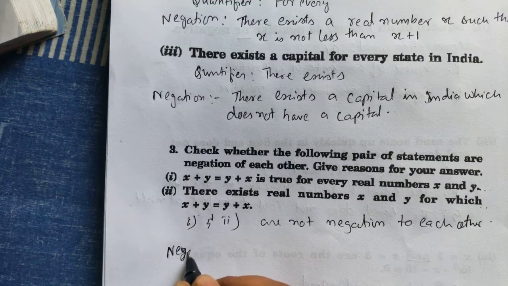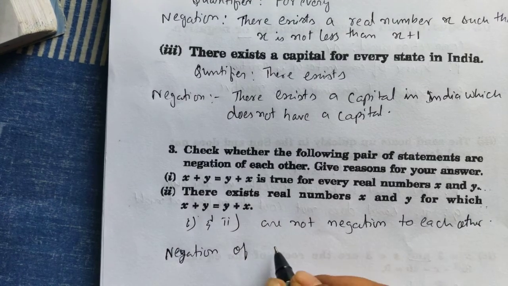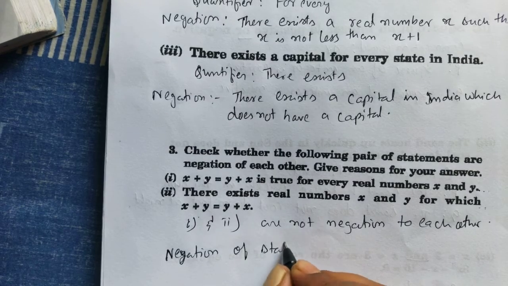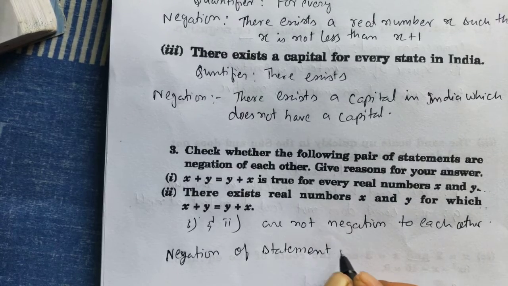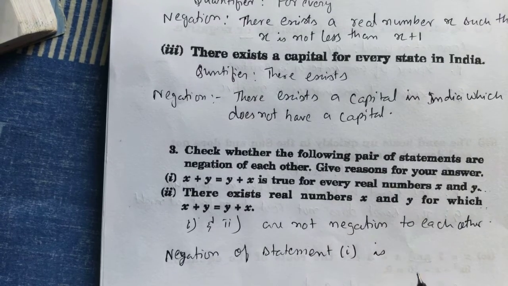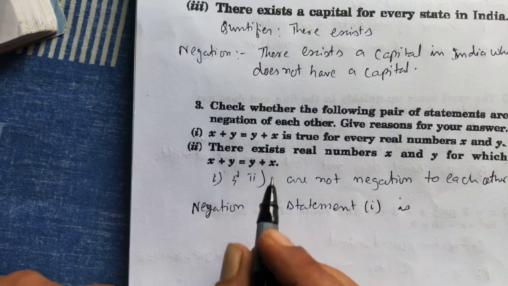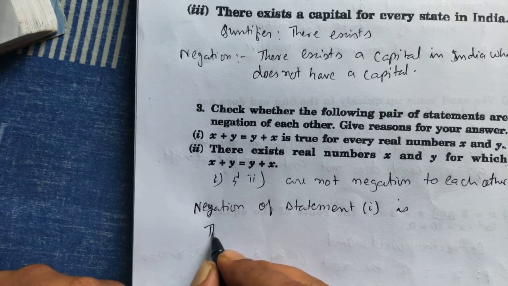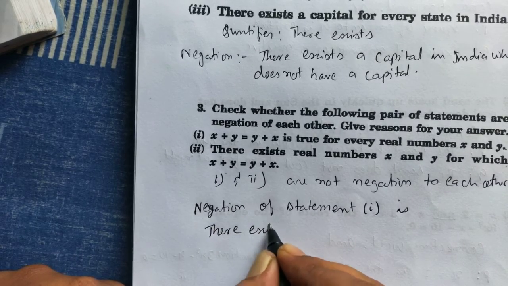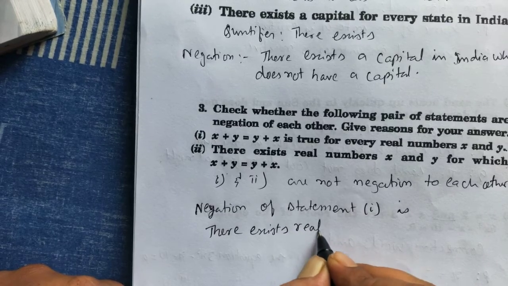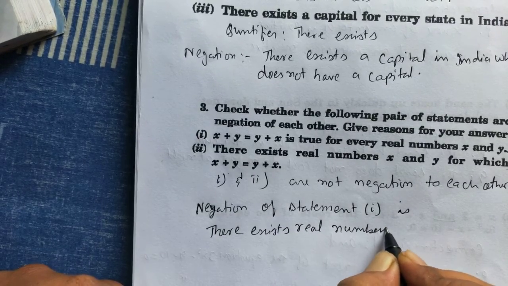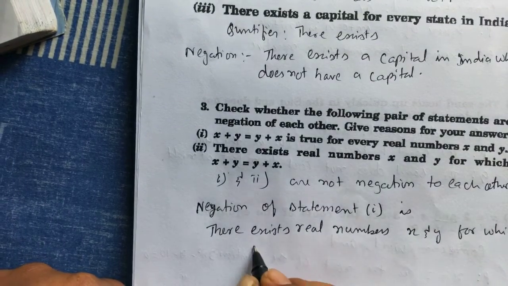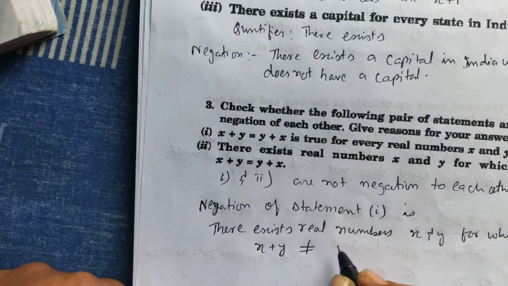Negation of statement 1 can be: there exists real numbers x and y for which x plus y is not equal to y plus x.